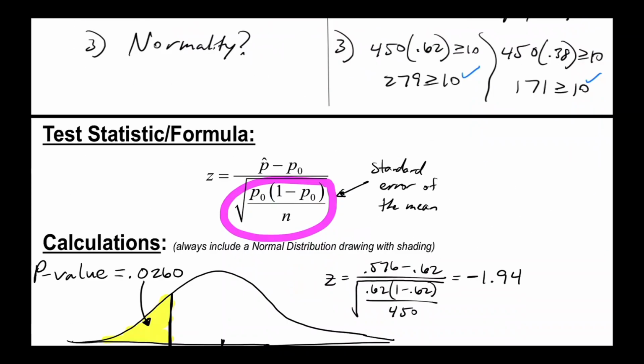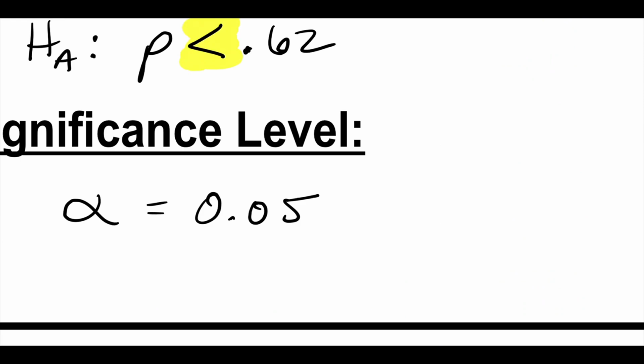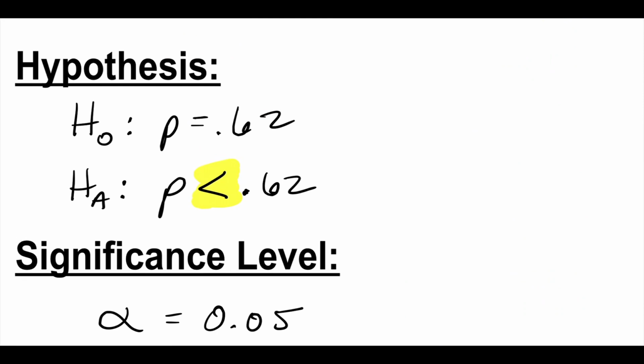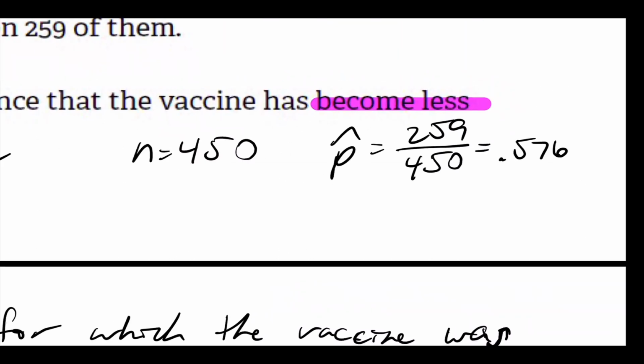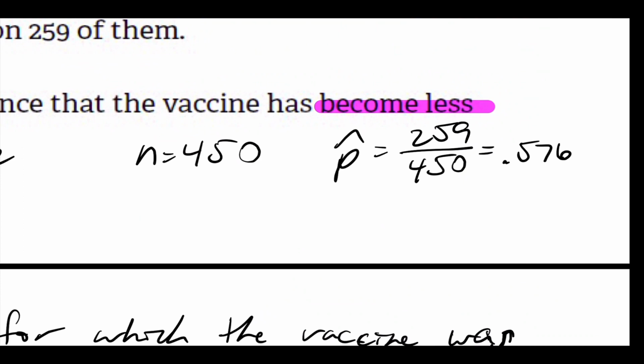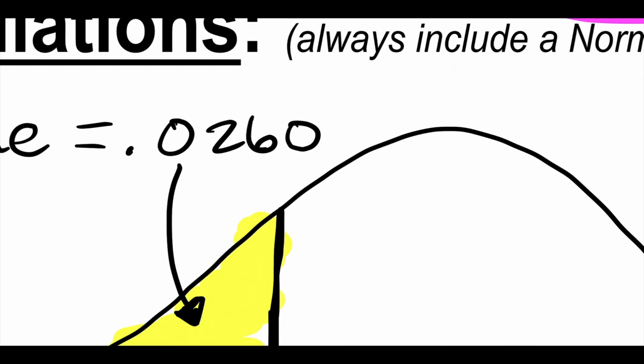So what this is saying with our 2%, right? What it's saying is if their claim is true, and what was their claim? Their claim was, how effective was it? 62%, right? So if it is indeed 62% effective, then the chances that I would have gotten a p hat of 0.5676, is that big, right?